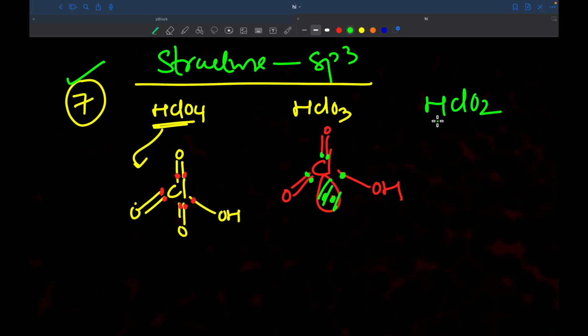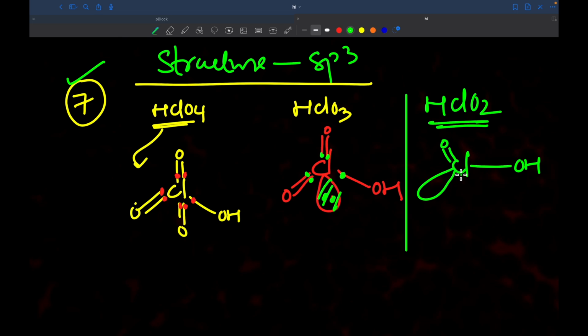When it comes to HClO2, again what do you have to do? You have to keep only one oxygen. This has to be removed. So that means it has chlorine and OH and 1 double bonded oxygen and 2 lone pairs.